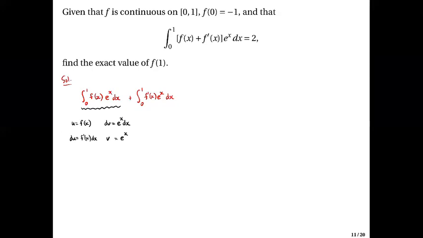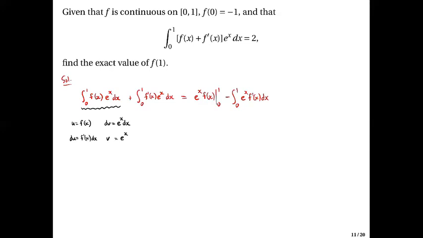So, for that part, we have uv, so e to the x f of x, that's your uv, minus the integral. Sorry, we have to evaluate this from 0 to 1. And then minus the integral from 0 to 1 of v du. We have e to the x f prime of x dx. That's your v du.